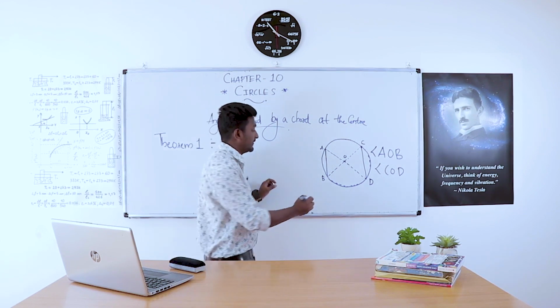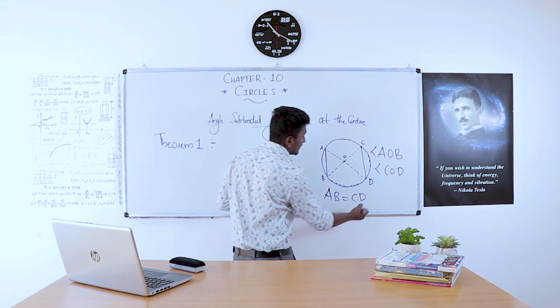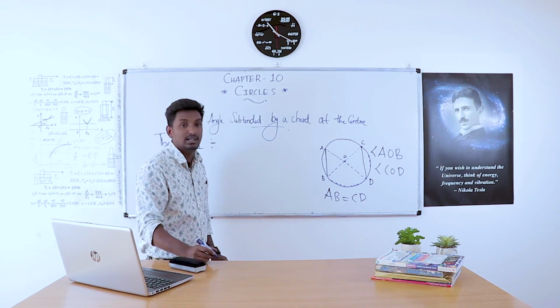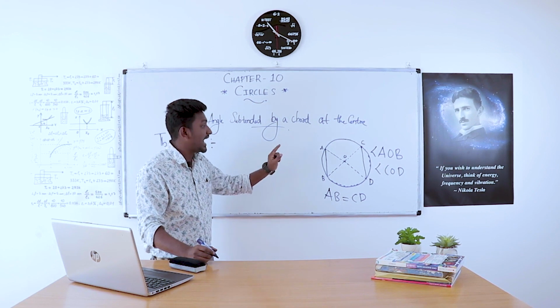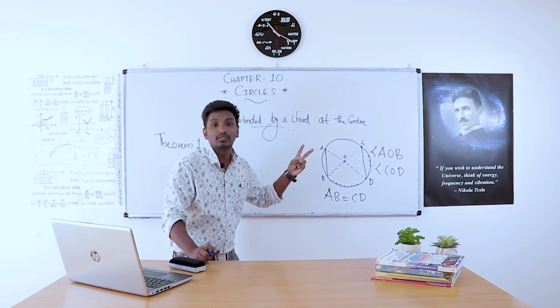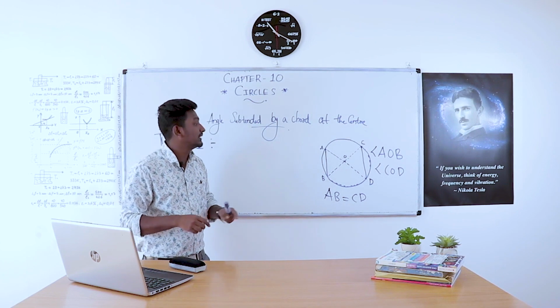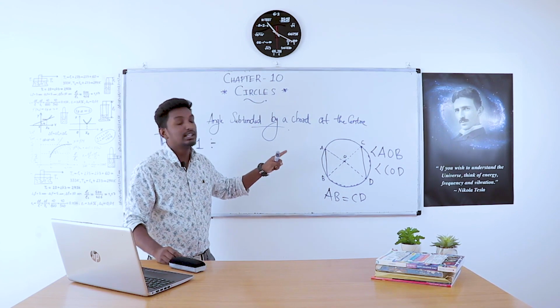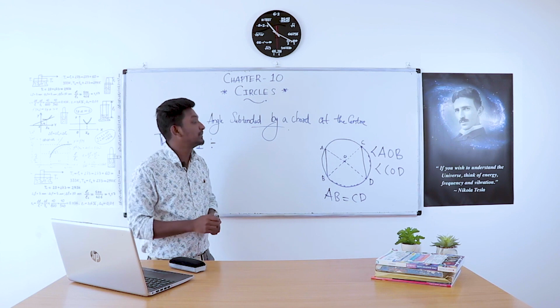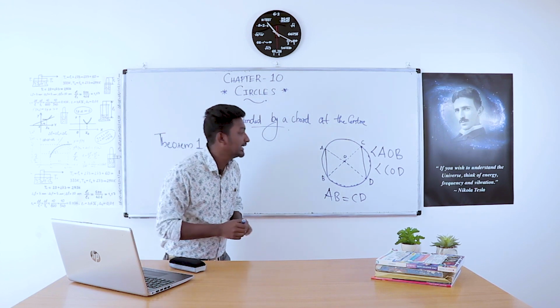Now suppose AB is equal to CD, that means both the chords AB and CD are equal, then angle AOB should be equal to angle COD. That is, if the chords are of equal length, then the angles subtended by these chords should also be equal.